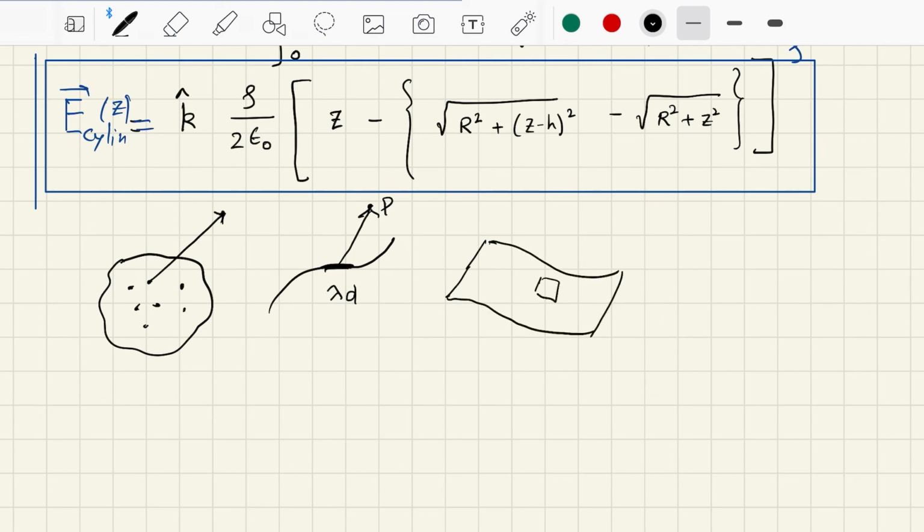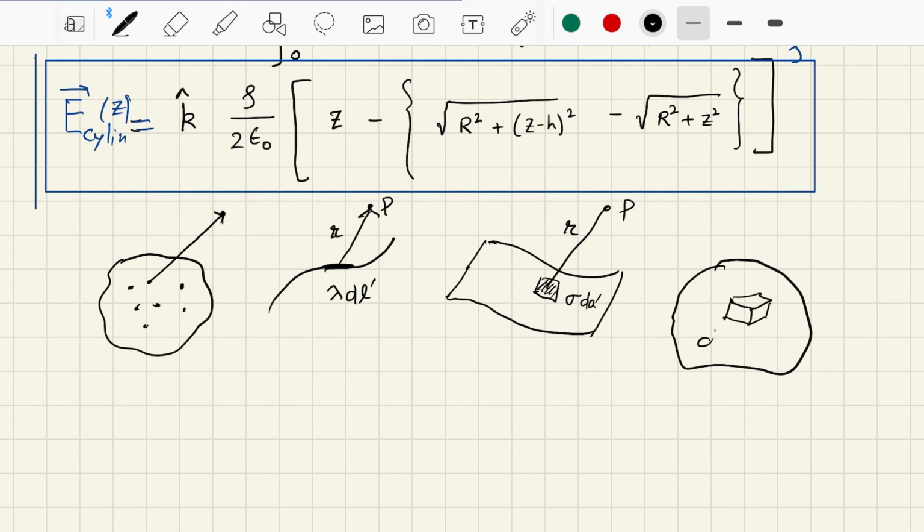So from a surface charge, this would be sigma dA prime, this is lambda dl prime, and the point P, this is R, okay, or it could be a volume, some arbitrary volume, and one could start with a differential element d tau prime, and obtain by integrating.